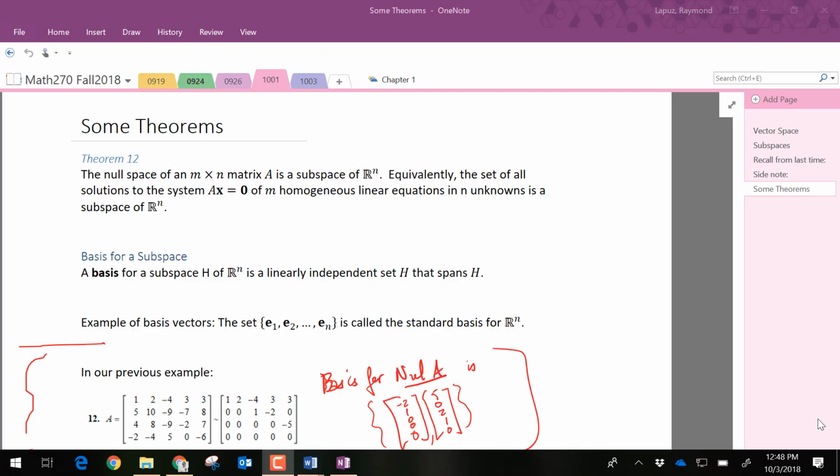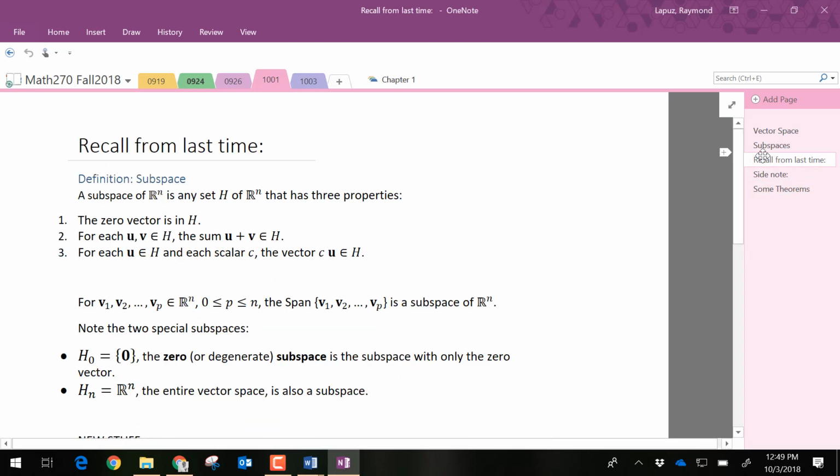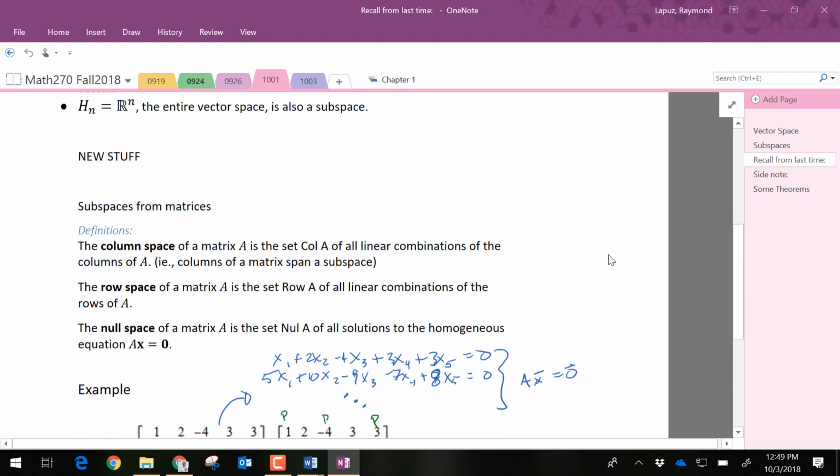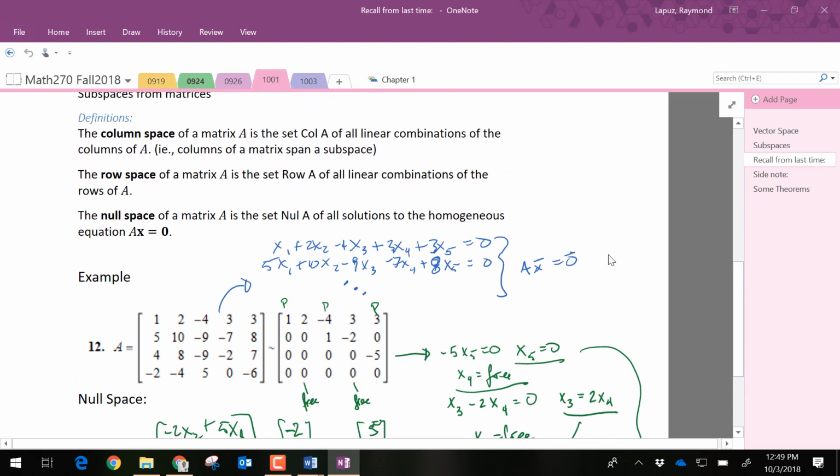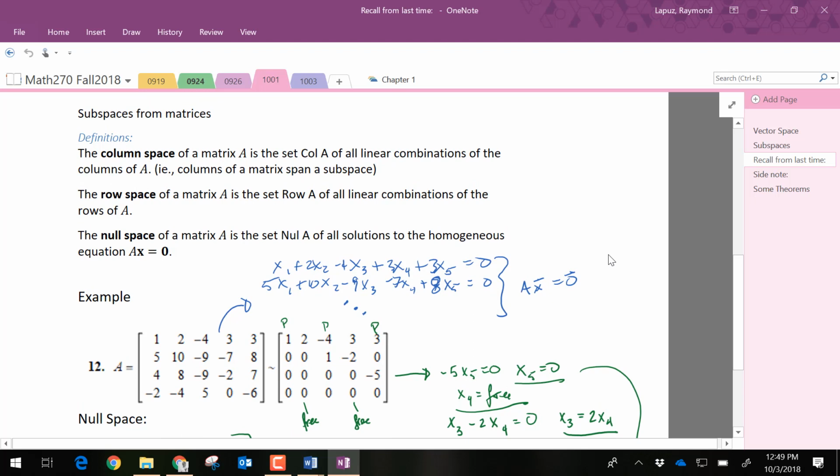All right, so we're talking about basic subspaces that come directly from a matrix. Recall from last time when we asked ourselves what a column space, row space, and null space are.